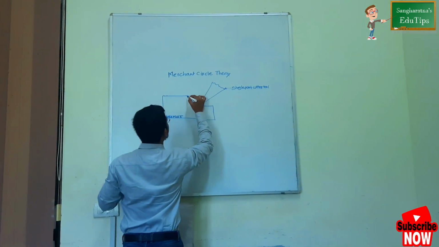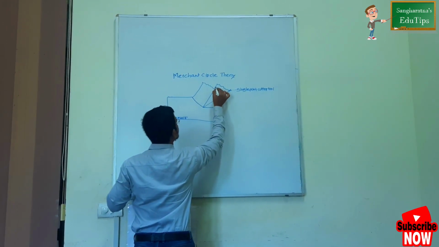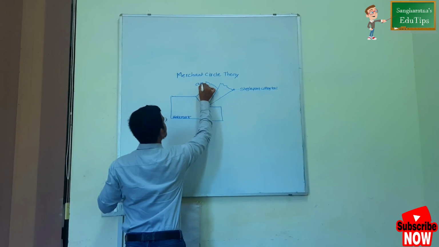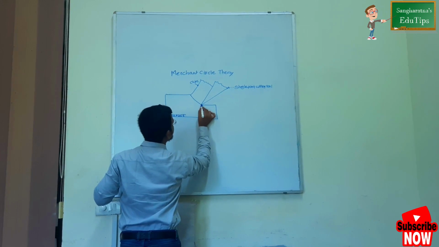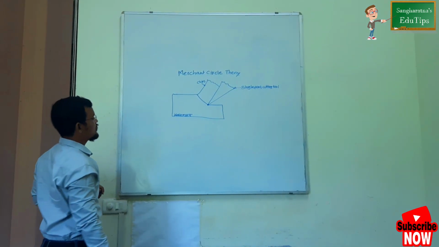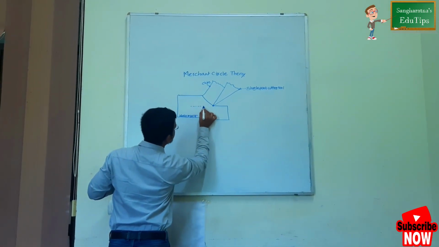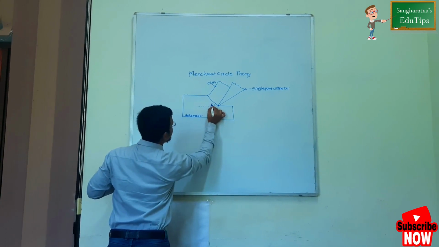The chips are removed along the shear plane. These are basically the chips. I am marking this point because it plays an important role while discussing the Merchant circle theory. Along with that, I am taking one axis, the horizontal axis. So this angle is basically angle phi.